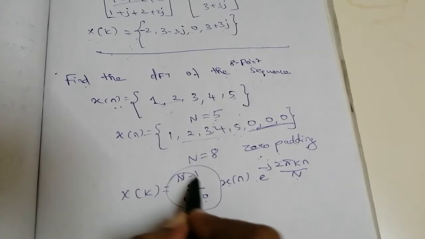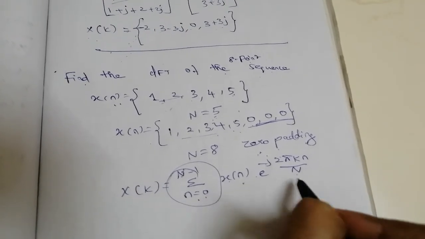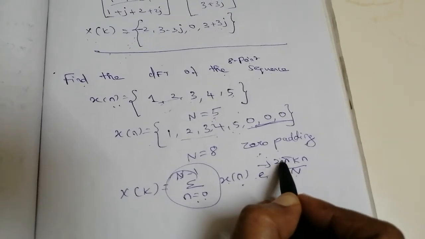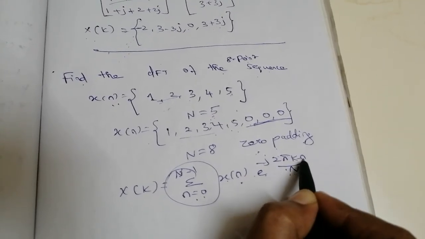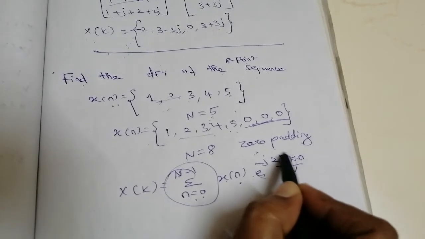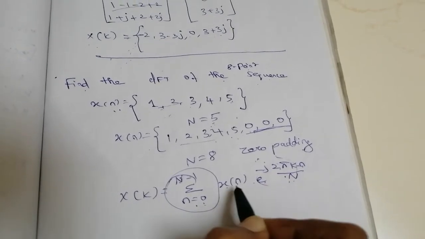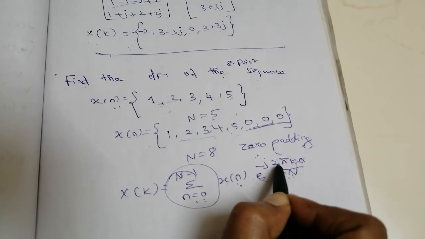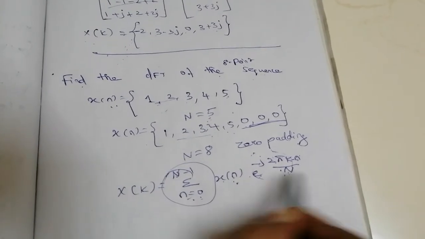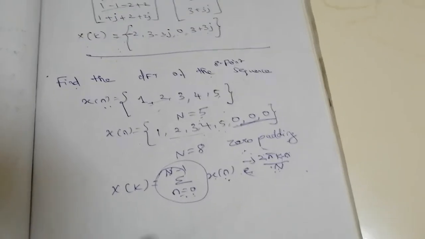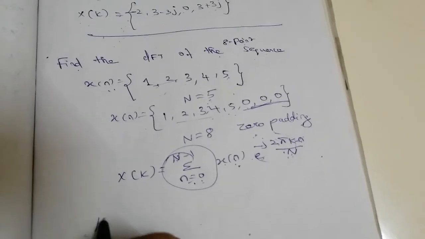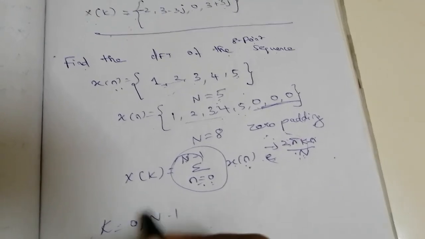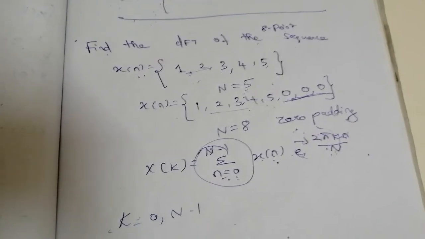Next step is to expand this summation: x of 0 into this value plus x of 1 into e power minus j 2 pi k by 8, because n value is 1, multiplied with this term. Then plus, substitute n equal to 2: x of 2 e power minus j 2 pi k 2 by 8, so 2 2s are 4. Likewise, expanding this, we get one general equation, and then substitute k value equal to 0 to N minus 1. So likewise, we are going to solve this problem.